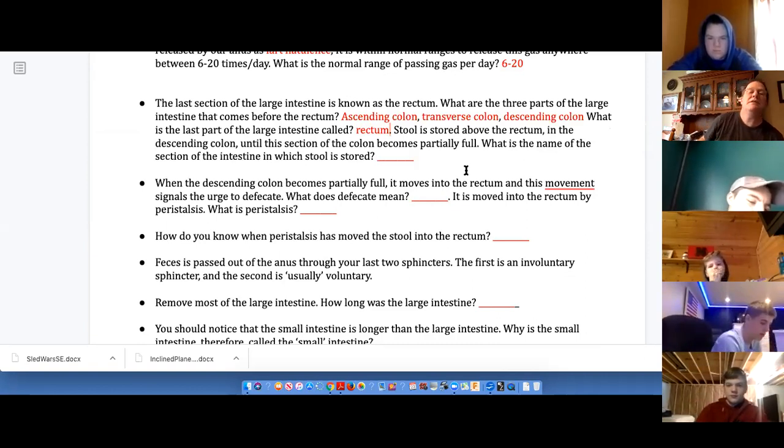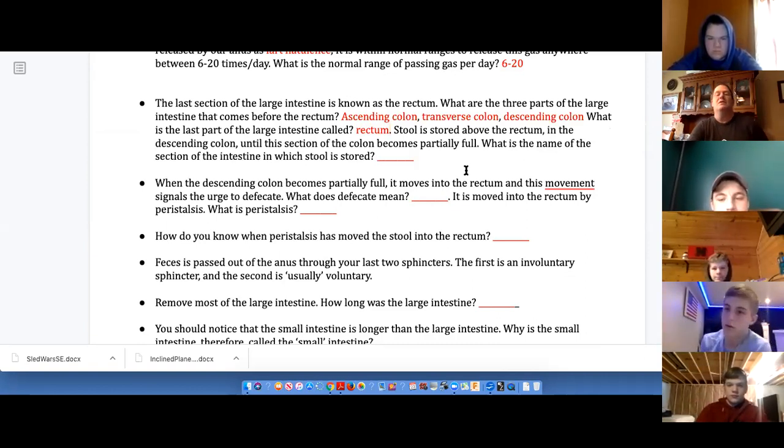It's stored in the descending colon. But when that descending colon becomes full, then it moves into the rectum. So what is the name of the section of the intestine where stool is stored? It's the descending colon.